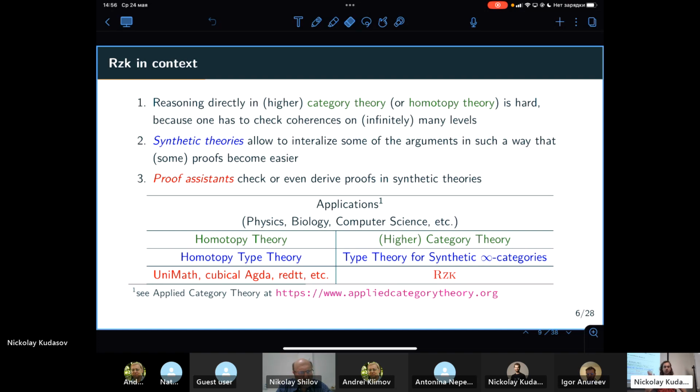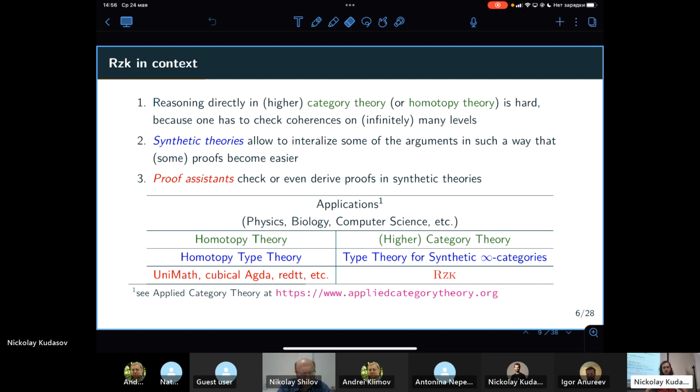Here I am talking about one specific such theory that was introduced in 2017 by Riehl and Shulman. But there have been other approximations. So for example, two-dimensional type theory by Licata and Weaver.